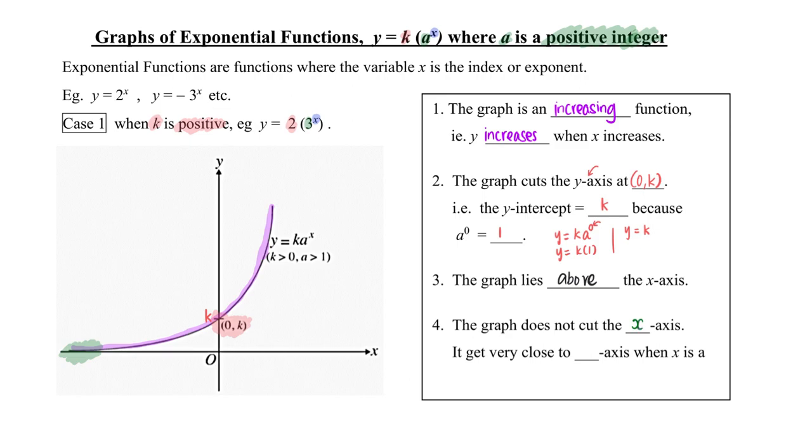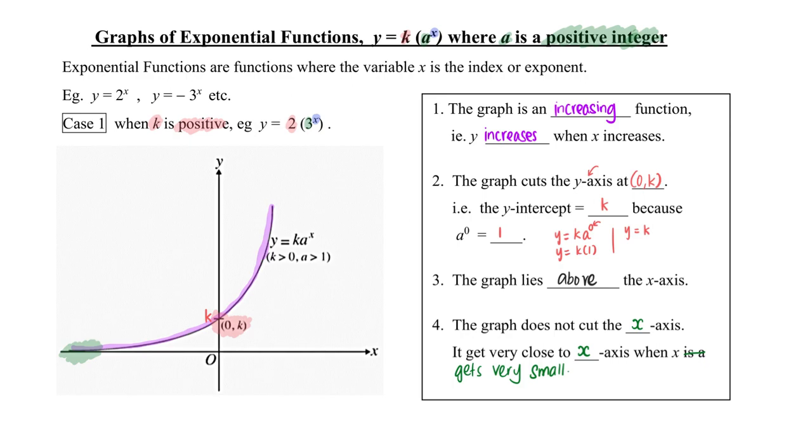Rather, it gets very, very close to the x-axis when x gets very small. Okay, so these are the key observations for an exponential function where k is positive.